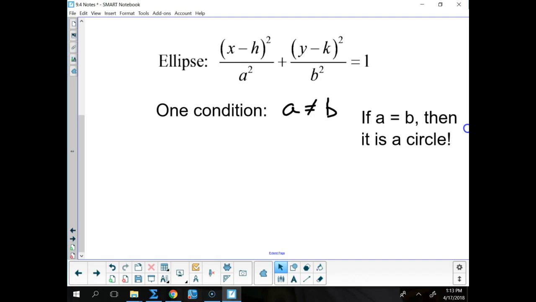It's stretched out horizontally. If B is bigger than A, then we're stretched out vertically, and so it looks like that. So if B is bigger than A, it's vertical. If A is bigger than B, it's horizontal.